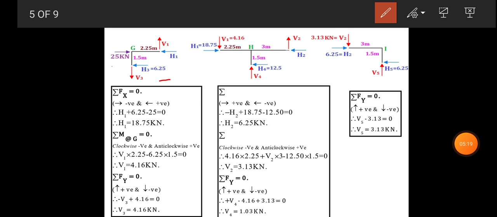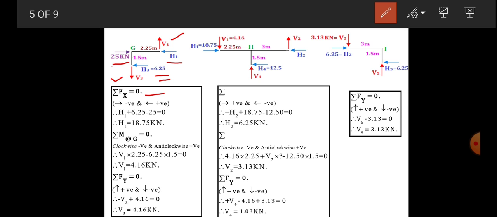Here at joint G, H3 is 6.25 as calculated earlier, and let us assume V3 acting away from the joint, so there is tension in the column. Then there is V1 acting in the upward direction and H1 acting toward the joint, and there is a 25 kilonewton force acting at G.